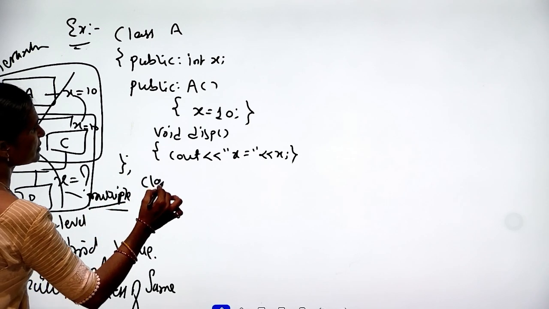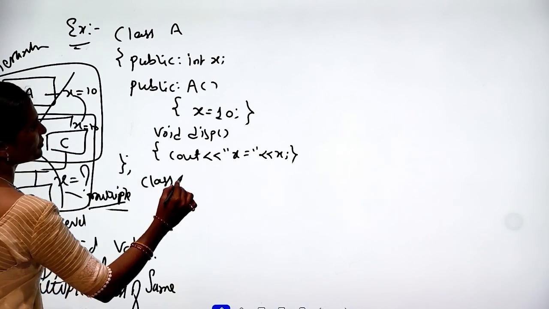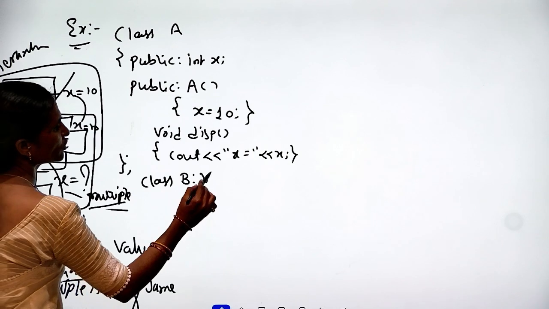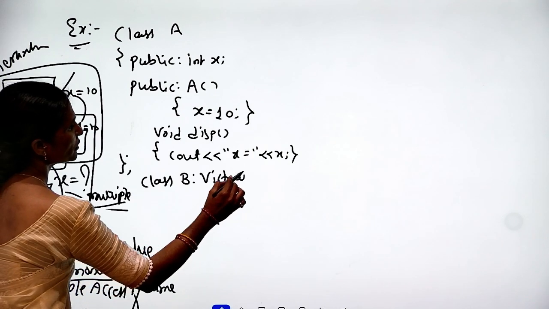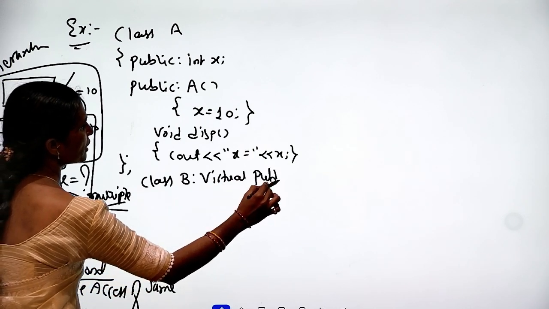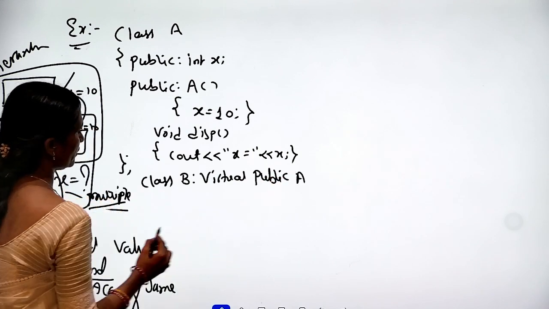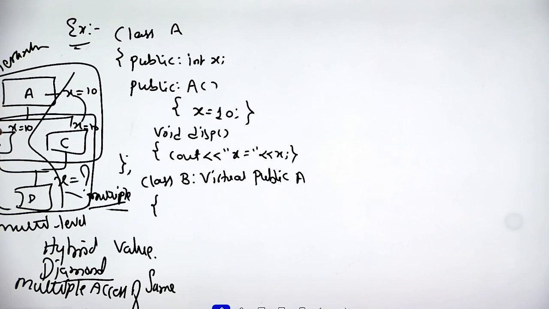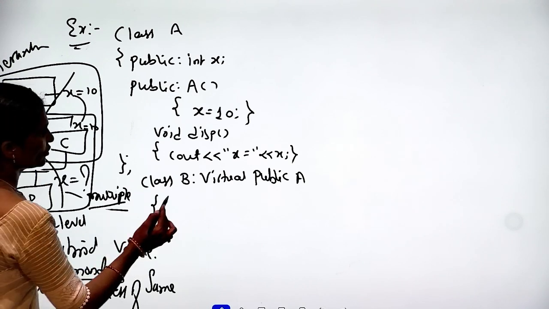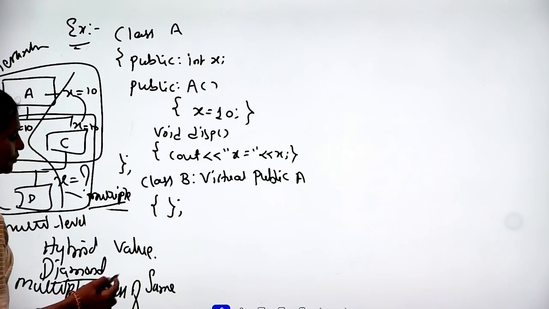So let's take class A. Now for B, I have to give the visibility mode as virtual. Then I'm inheriting this publicly, class B. I'm not doing anything else over here, just public, and I'm taking the x value. Okay, fine. This much is enough for me.